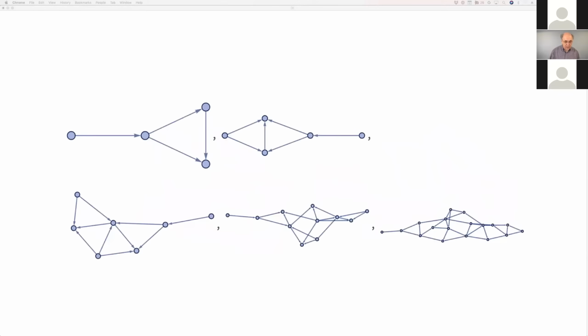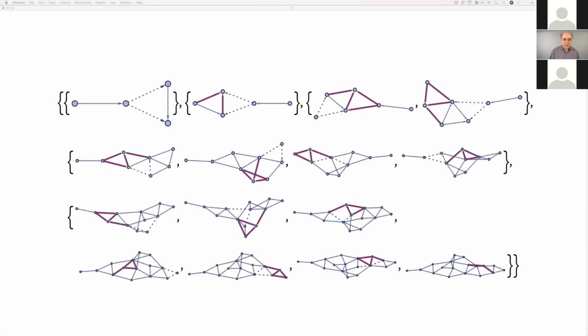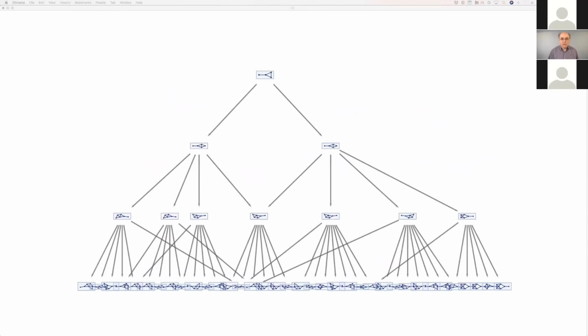So let's say we're looking at one of these updates, and as I said, there are many possible places where those updates could be done. So here we're just applying one update at a time. And these could be applied in many different orders, but that's one particular order of applying these updates. This is a multi-way system that represents all possible orders in which those updates could be applied, giving a variety of different kinds of structures.